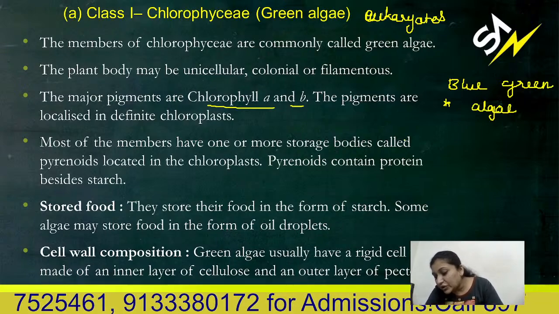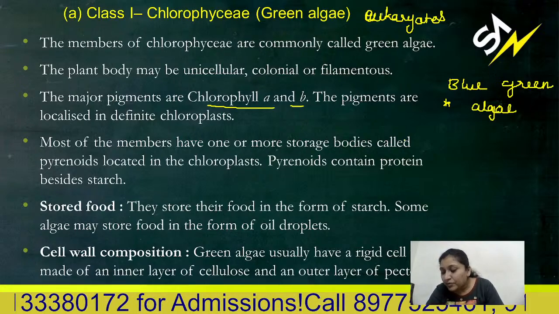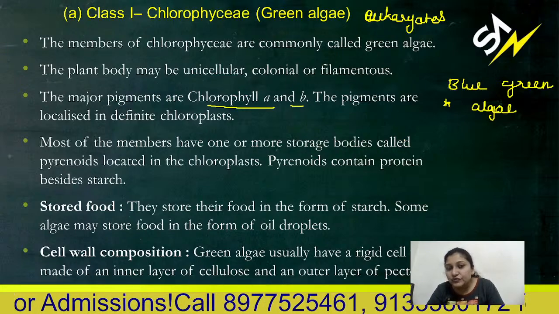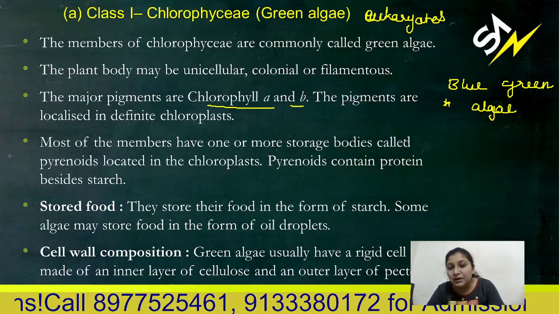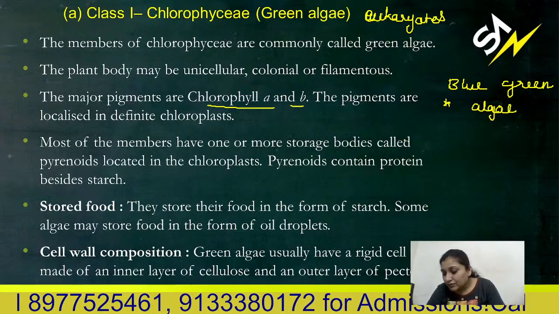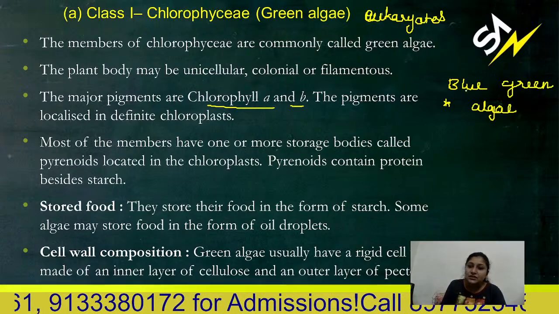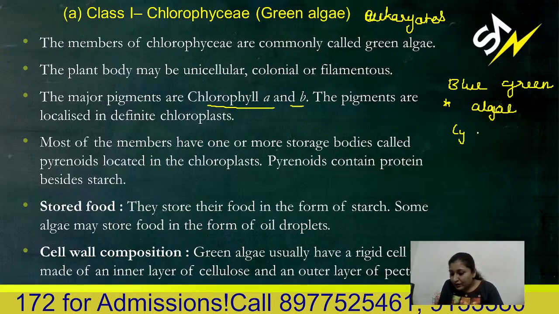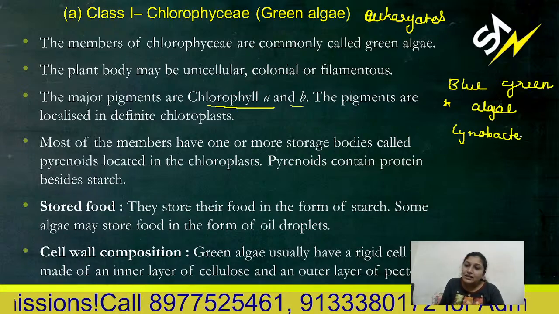Heterocysts in the case of cyanobacteria are involved in nitrogen fixation, Hasini, not for photosynthesis, not involved in pigment. Yes, correct. Not in chloroplast, because these blue-green algae are cyanobacteria. Bacteria are prokaryotes.